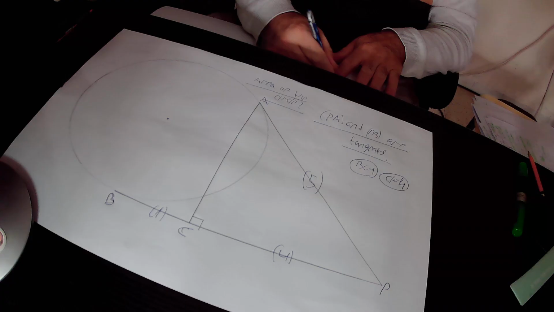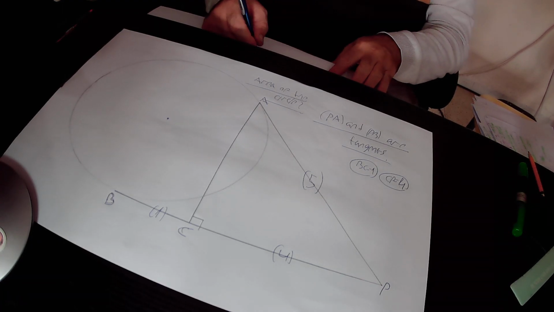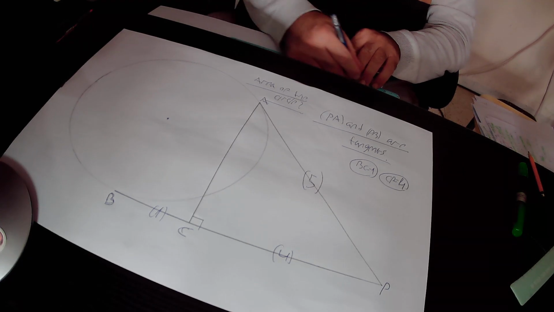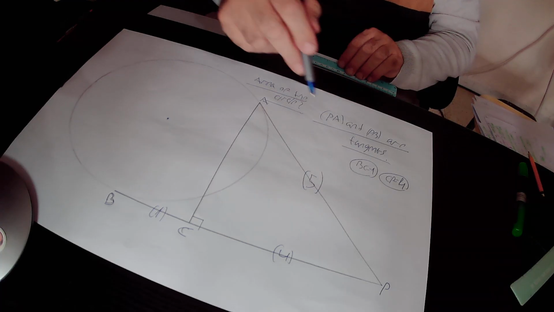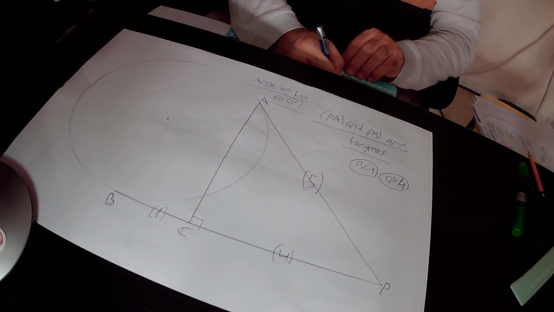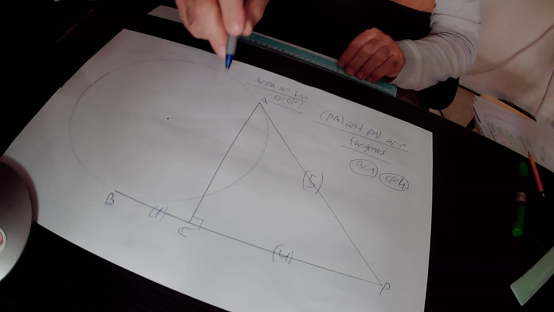So according to the Pythagoras theorem, in this right triangle ACP, AP squared, that is the square of the hypotenuse, equals AC squared plus CP squared.